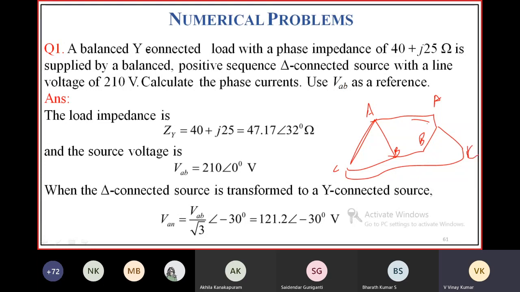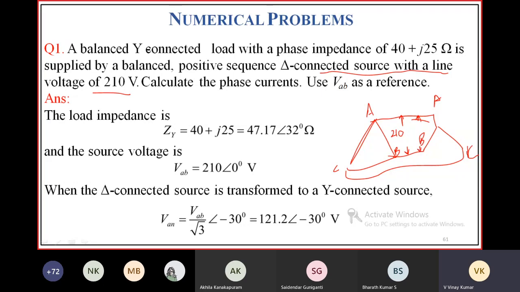Phase voltage on the source side: what is phase voltage? It is given, right? Star connected source with a line voltage of 210. 210 is line voltage as well as the voltage between two lines on the load side.